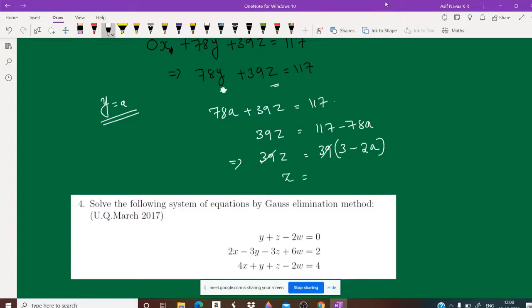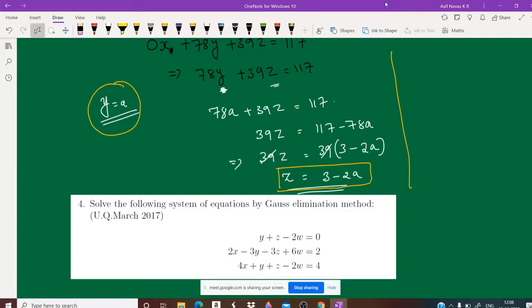So what is z? z is actually 3 minus 2a. Have you got it? Any doubt? What I have done is I take y equal to a, some arbitrary value, and then I find out z. So I got y equal to a and z equal to 3 minus 2a.